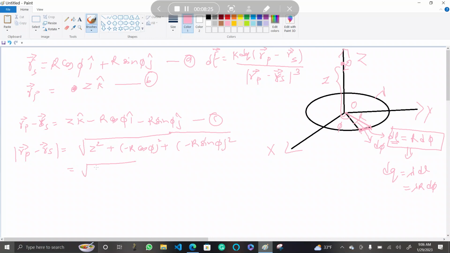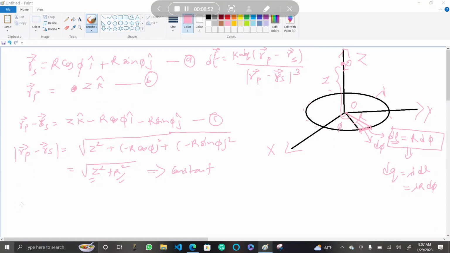This gives z squared plus r squared. It is interesting that this part is always constant wherever we take that small element, because the radius of the loop is constant and z is at a constant height above the center of the loop.